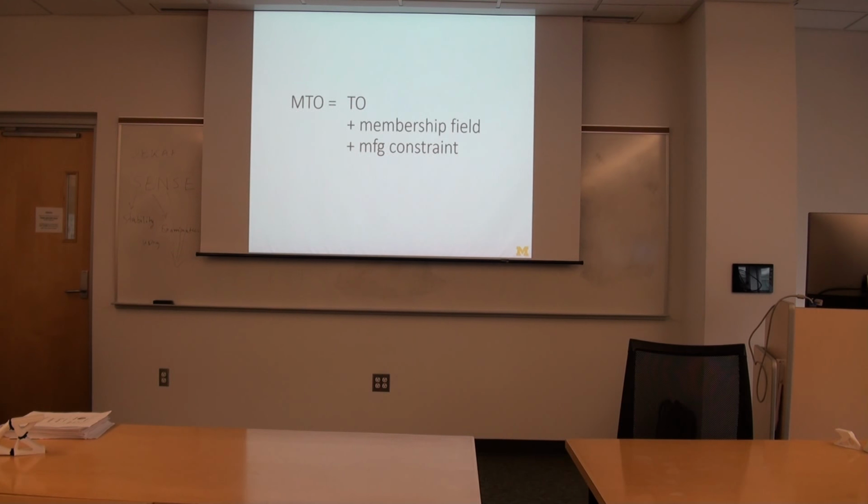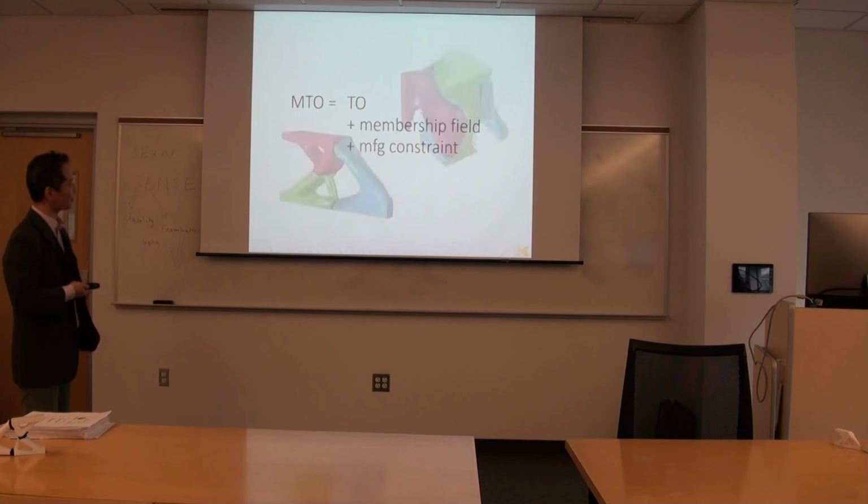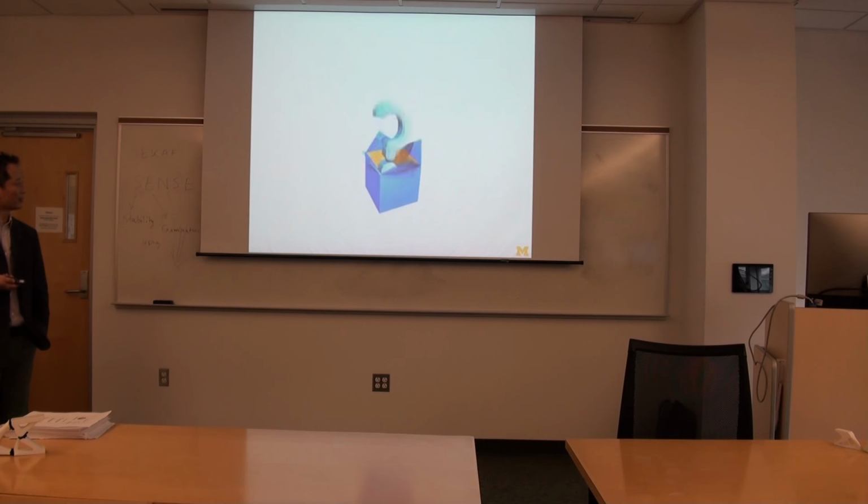And manufacturing constraints are also an important piece that will ultimately drive the partitioning of a single piece structure. So then you can do this. And that's all of my talk.